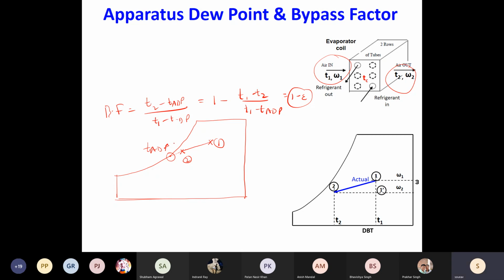So what is the physical significance of this ADP? It denotes the dew point temperature for that particular apparatus at which you can bring the air to complete saturation. So if you were to cool the air from this inlet condition till this point, you will bring it to saturation condition. So this is cooling plus dehumidification.